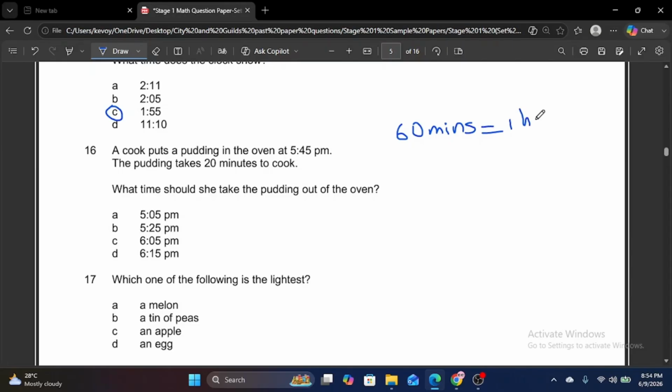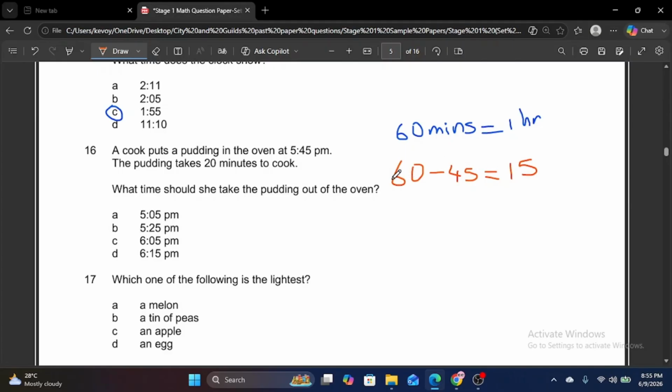Since 60 minutes is equal to 1 hour, let's see what we have to do in order to get from 45 to 60. If I have 60 and I subtract 45 from that, I am going to get 15 as my answer.